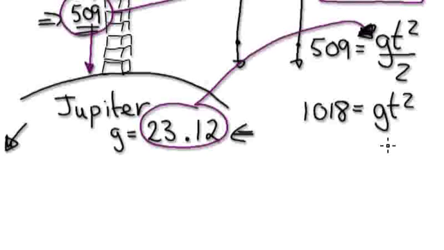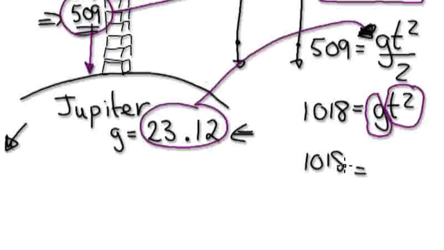Now we can visualize it as G times T squared. Now divide both sides by G. So 1018 over G equals T squared.